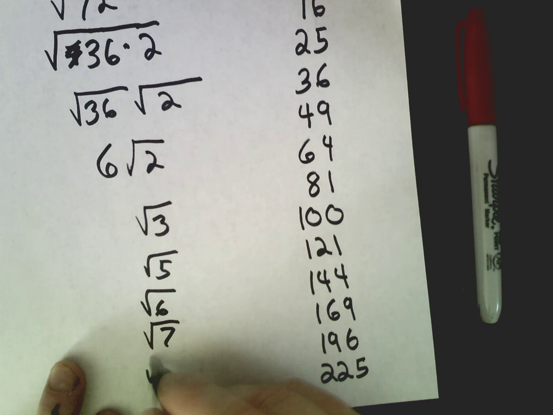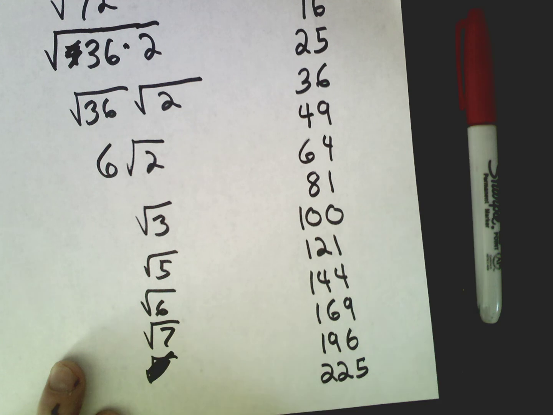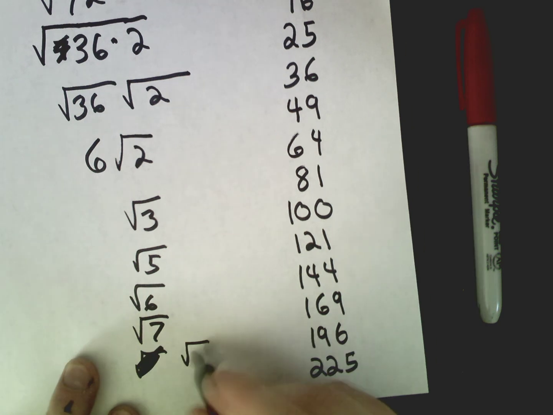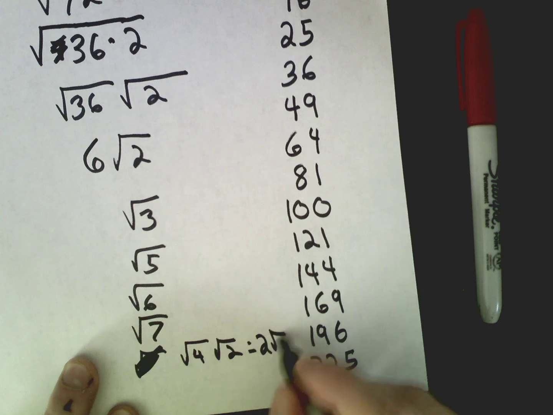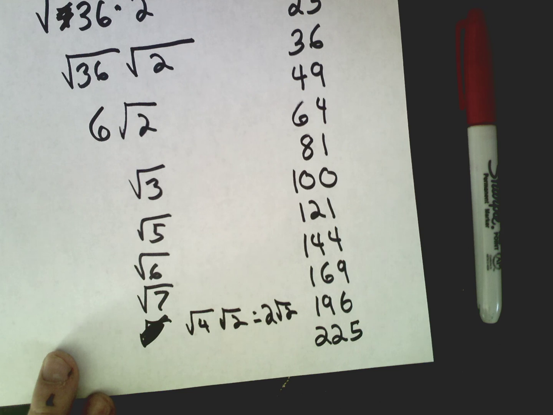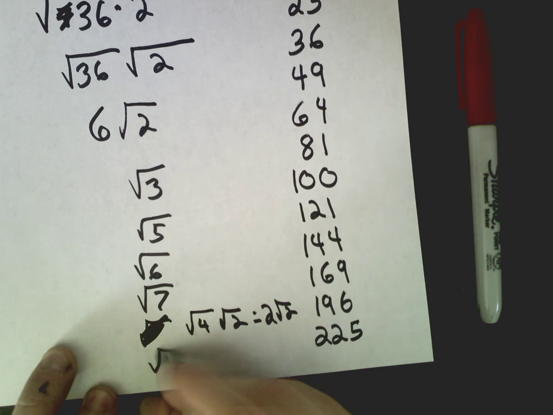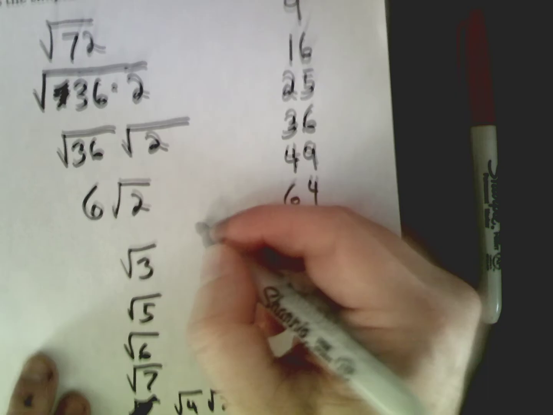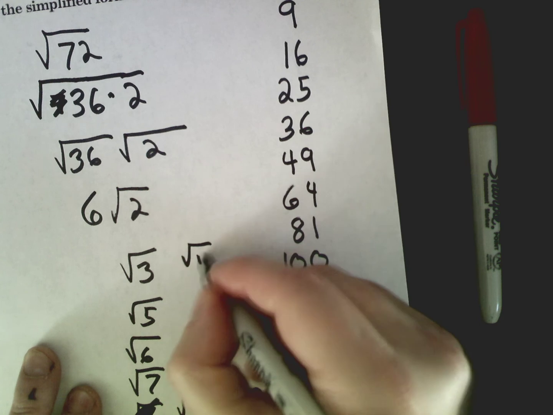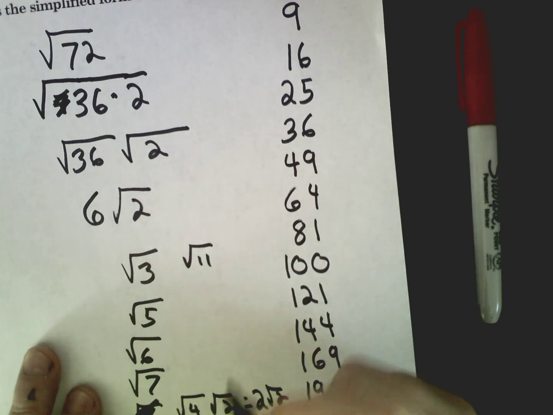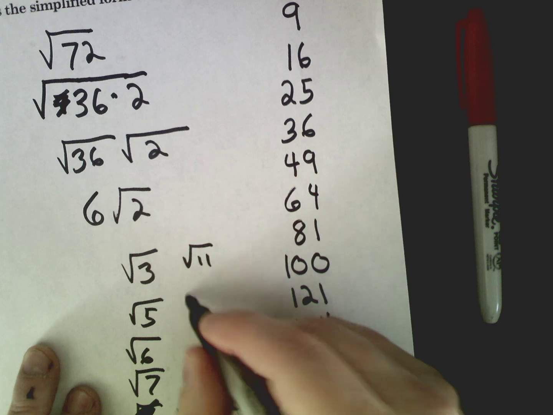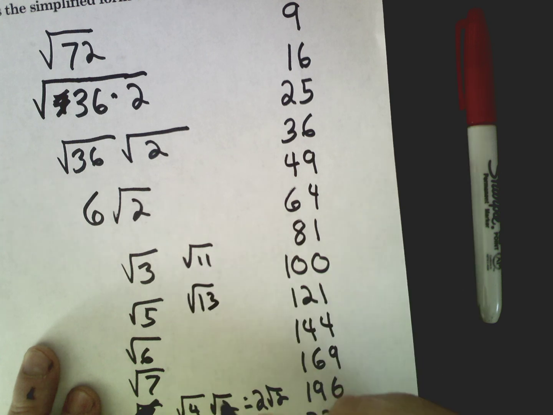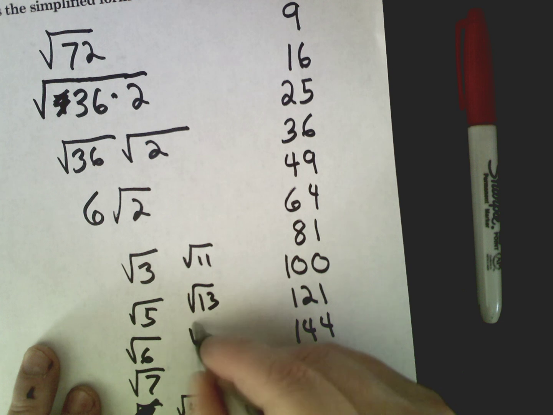Square root of 8, you can actually do: square root of 4 and square root of 2, so that would be 2 square root of 2. Square root of 9 works. Square root of 10. Square root of 11. Square root of 12 works, but square root of 13 doesn't. Square root of 14, I believe, doesn't work.